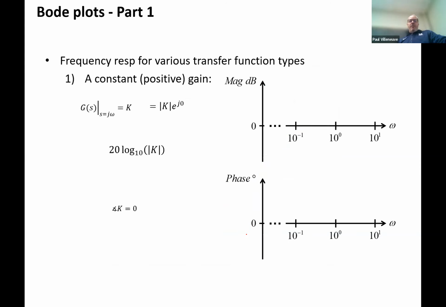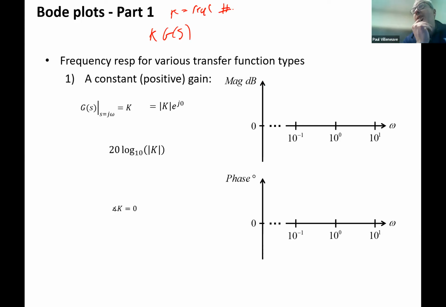All right, so now let's look at how we add these terms in. The first one we'll do is a positive gain of K. So this is not a pole or a 0. We're taking our G of S and multiplying it by K. So the question is, what does this do to the magnitude and the phase? Well, remember, K is a real number.